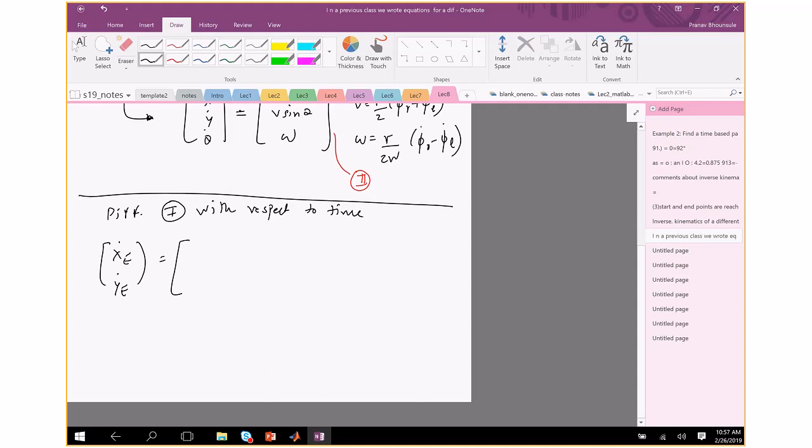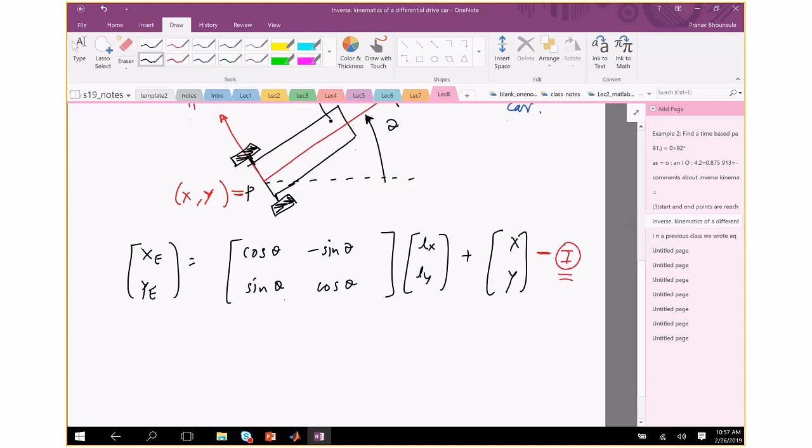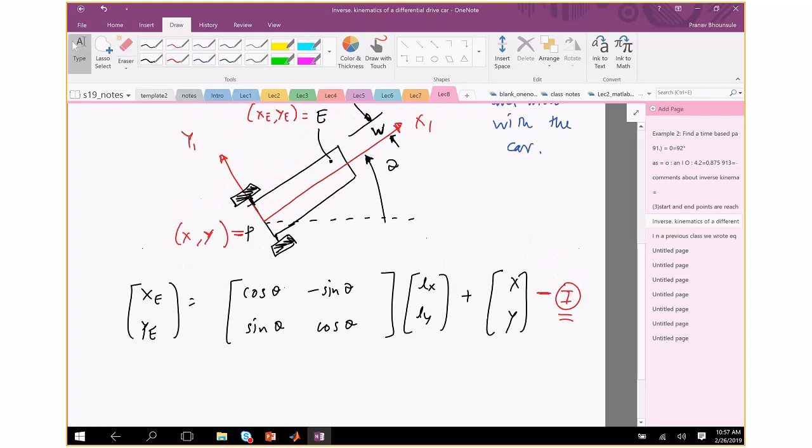So we can write x dot e, y dot e equals, going back, when I differentiate this expression, there are really two lines of equations. Lx, Ly is the position of the point E, and this Lx, Ly does not change because that position E is fixed. So the only thing I had to differentiate is cosine theta with respect to time, so that will be minus sine theta, theta dot, and same for the other terms. And then x, y can also be differentiated to get x dot, y dot.